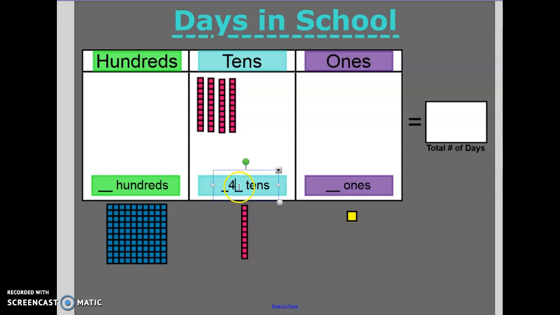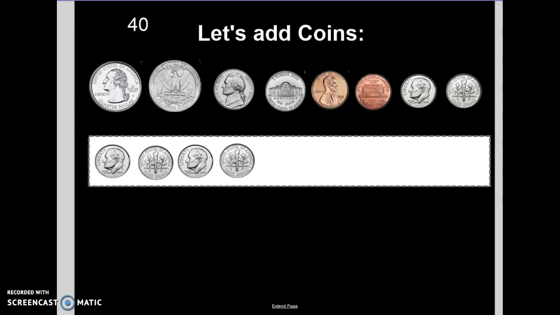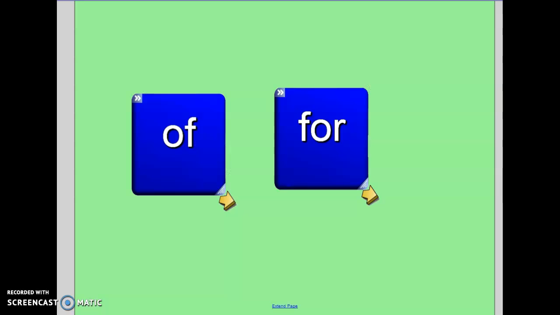We have 4. And how many ones? 0. So that makes the number 40. So let's make 40 cents. I'm going to do something different. I'm going to do 10, 20, 30, 40.